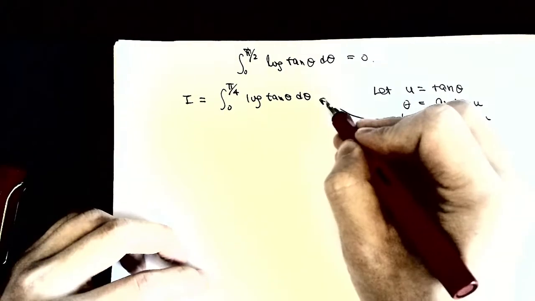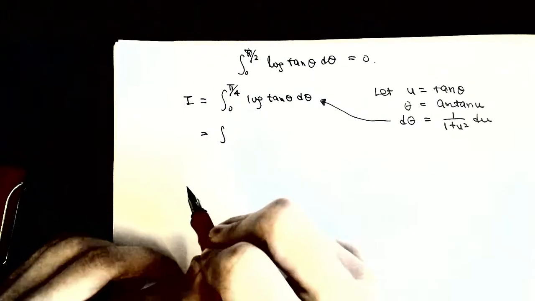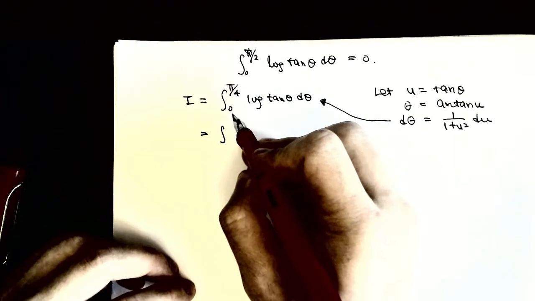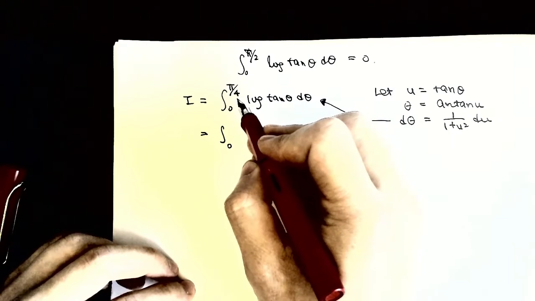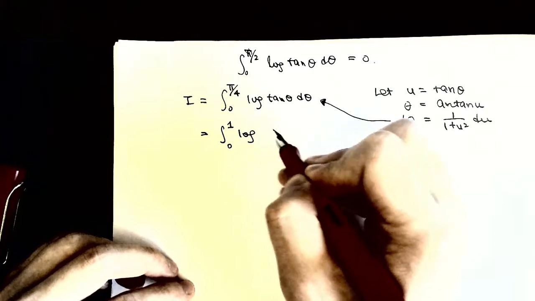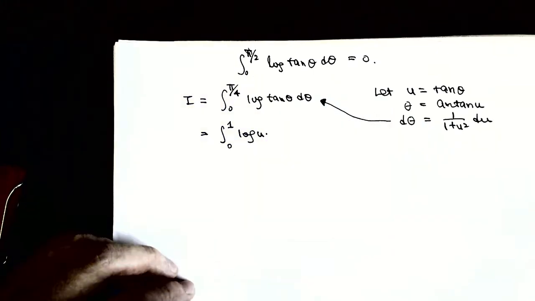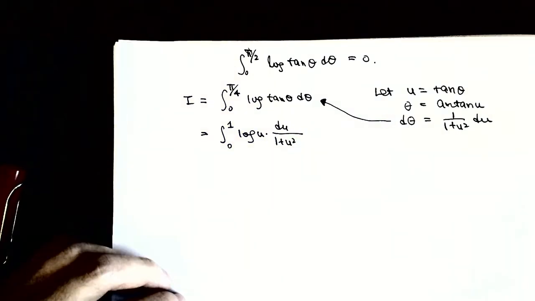We substitute everything into this integral. When theta equals 0, u becomes 0, and when theta is pi over 4, u becomes 1. So this becomes the integral of log of u du over 1 plus u squared.